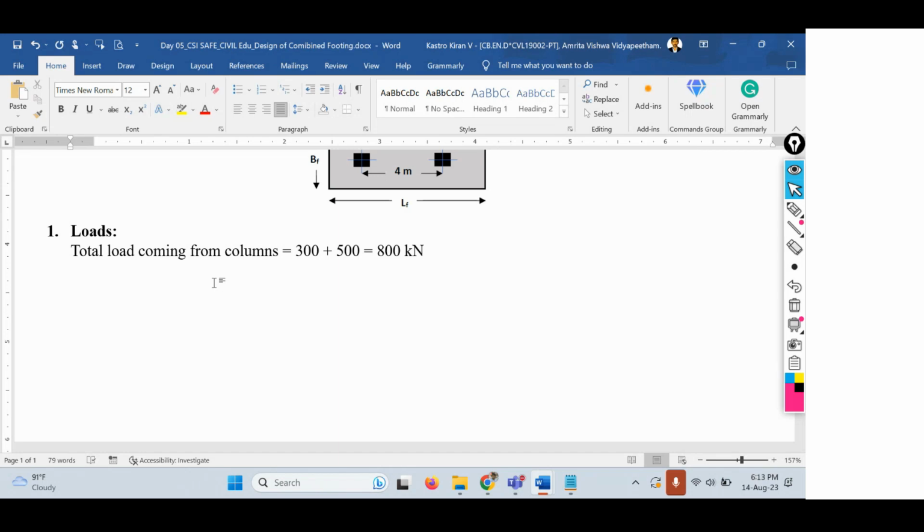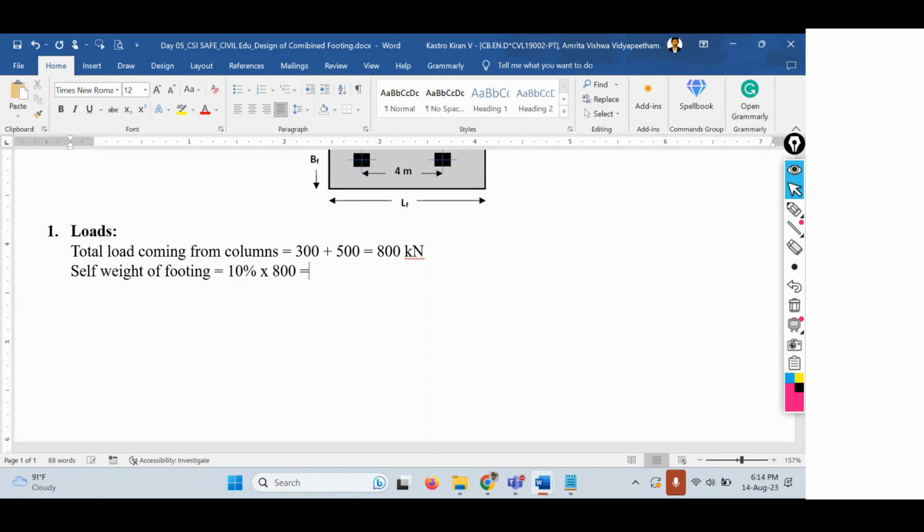Right. So how to get the self weight of footing? Self weight of footing equals 10% of column load. That factor will not change. While designing any type of footing, the self weight of footing is taken as 10% of column load. What is the column load value? 800 kilonewtons.